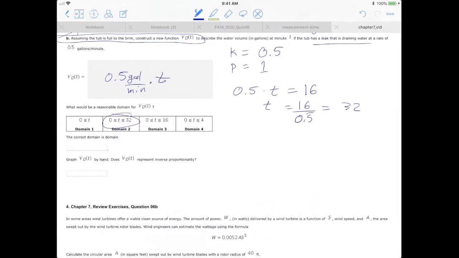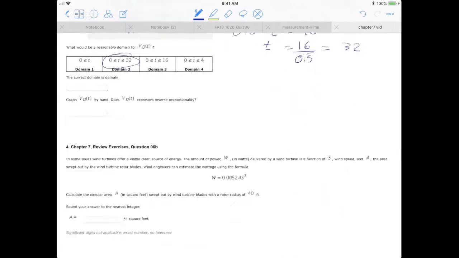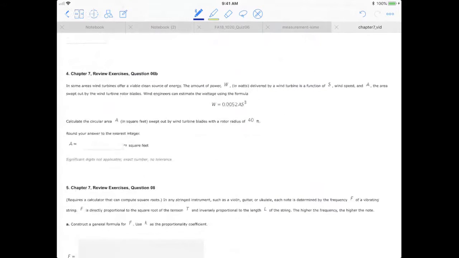Okay, so let's see here. So let's go over this one.